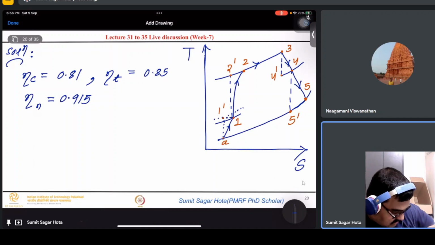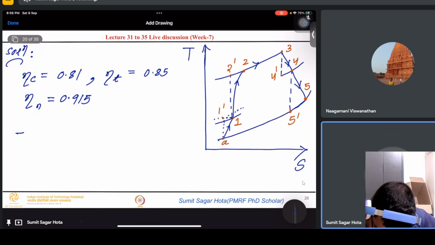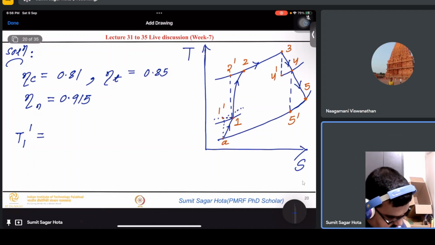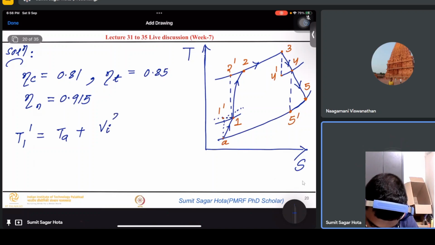Now what is the formula for T1 dash? That we already know. I told you there are lots of questions we can take. So T1 dash, one can be one question, which is TA plus Ci square divided by 2Cp.